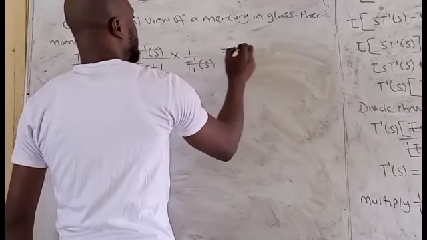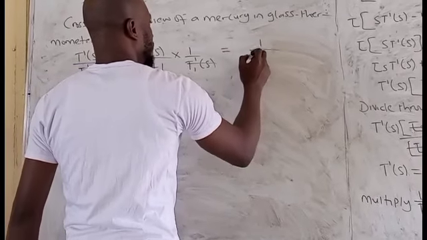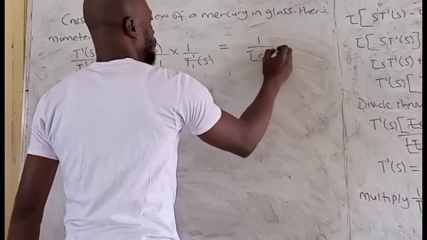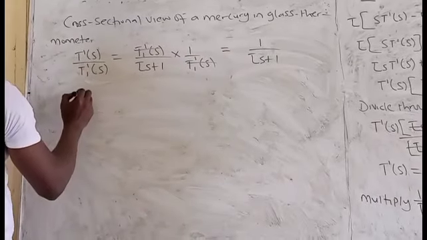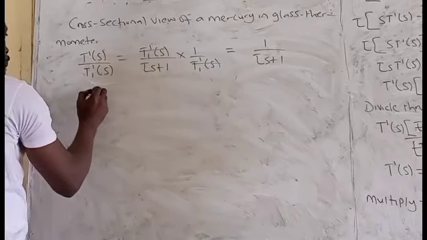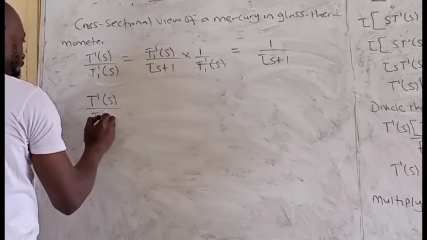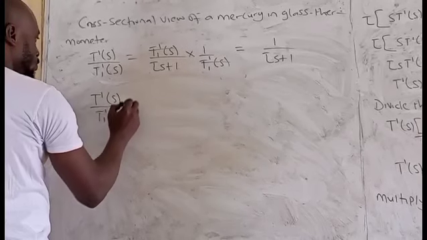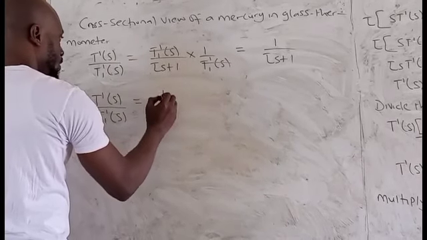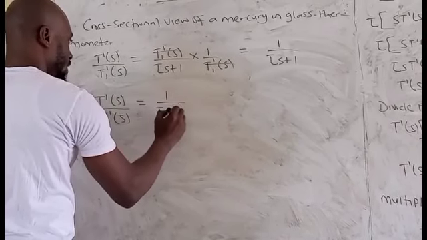So we're going to get 1 over tau s plus 1. Therefore, T'(s) over T1'(s) will give you 1 over tau s plus 1.